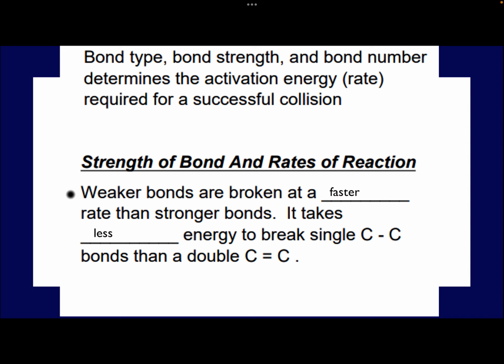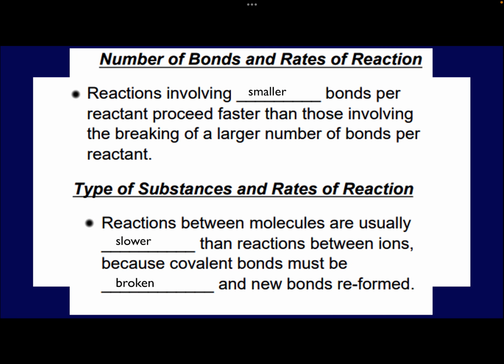When we look at the bond strength and the rates, weaker bonds are going to be broken faster than stronger bonds, and therefore it takes less energy to break, for example, a single bond of carbon than a double bond of carbon. If we look at the number of bonds, reactions involving fewer bonds per reactant proceed faster than those involving the breaking of more bonds per reactant.